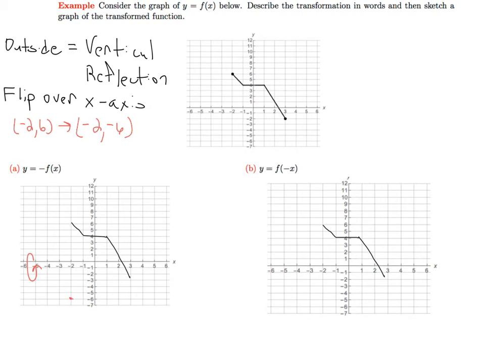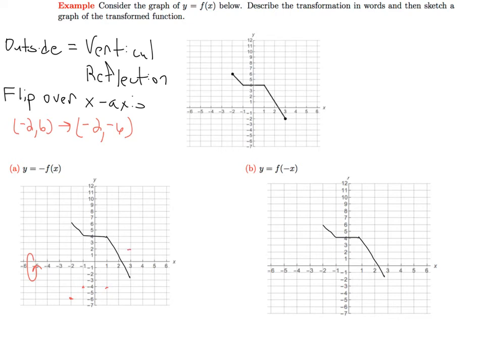And we do this for every point. So this point at -1, 4, it winds up at -1, -4. And the point at 1, 4, it winds up at 1, -4. And the point at 3, -2, now it gets flipped over here, and it winds up at 3, +2.